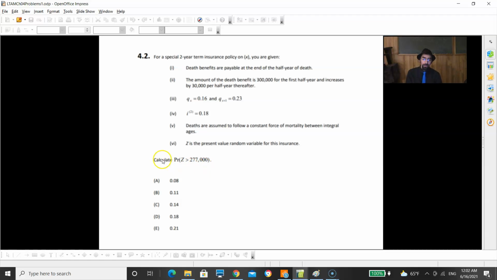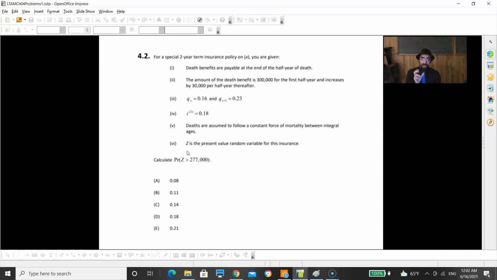And so when you want the probability that Z is greater than 277,000, what you do not do is something along the lines of find mean and variance of Z and use normal distribution, because there's not a large number of independent things here. You can't central limit theorem this. Instead, you realize that Z, the present value, is entirely dependent on the half year in which you die.